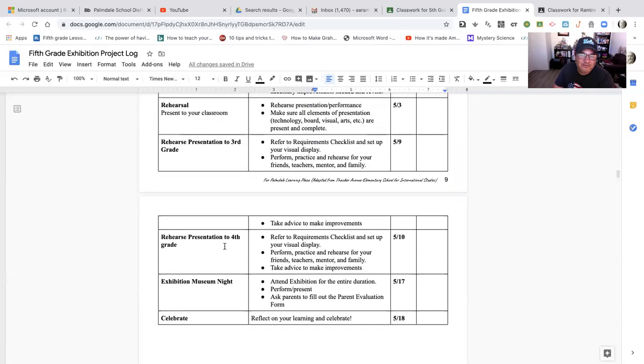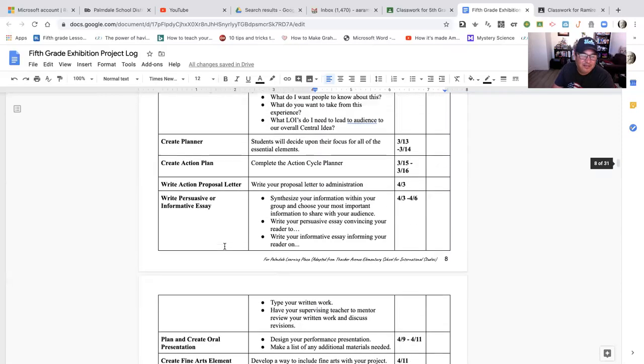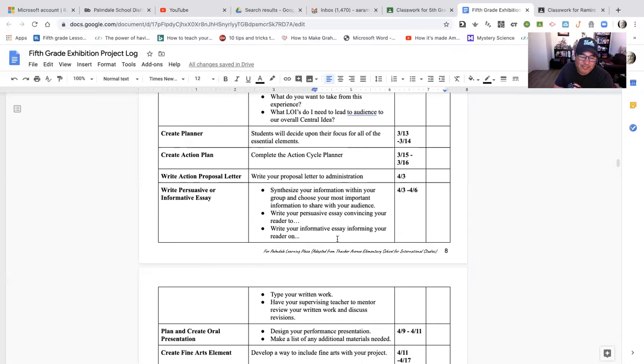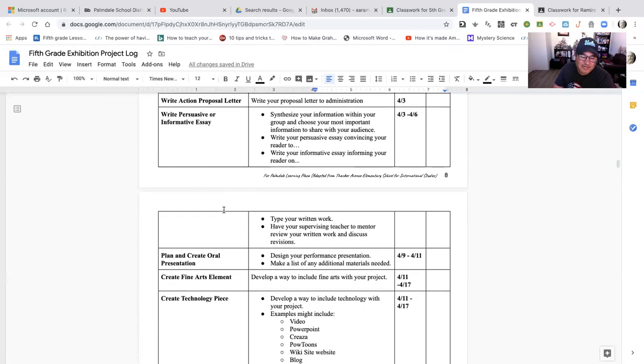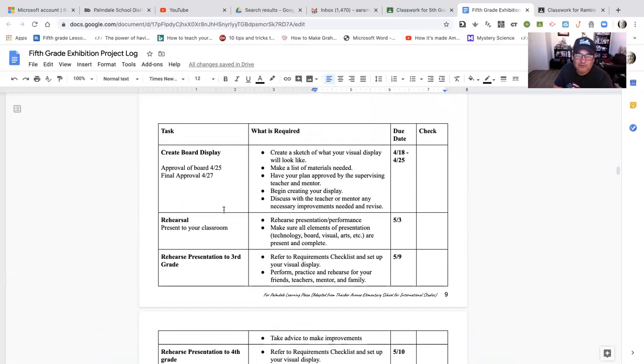But if you look at the timeline, you could have followed along and seen that we're about here, and there's not really much more to it other than finishing up all of those pieces that you need to create.